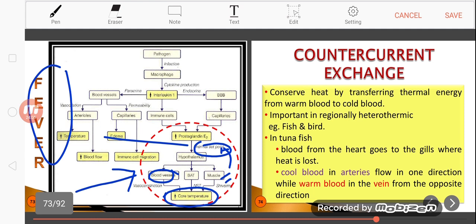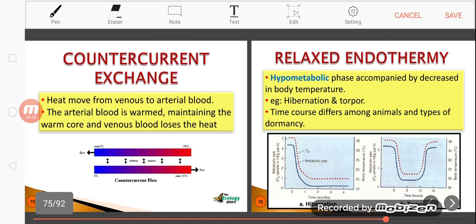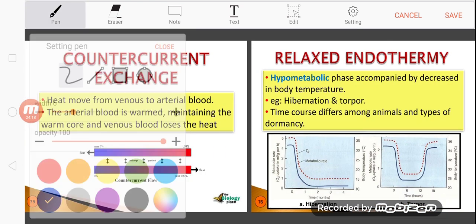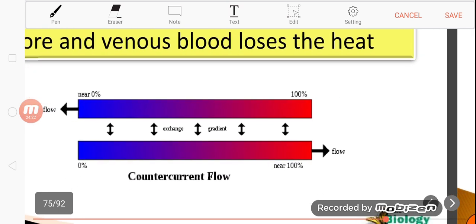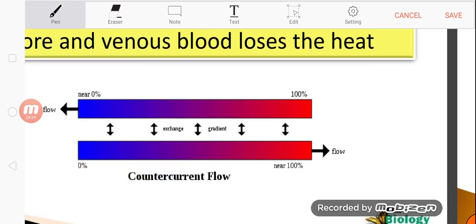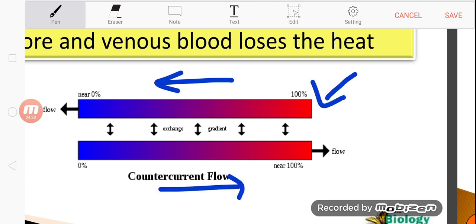Cool blood in arteries flows in one direction, while warm blood in the veins flows in the opposite direction. As you can see, the red color of course carries heat.